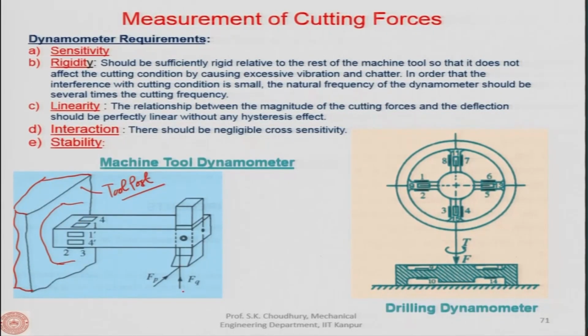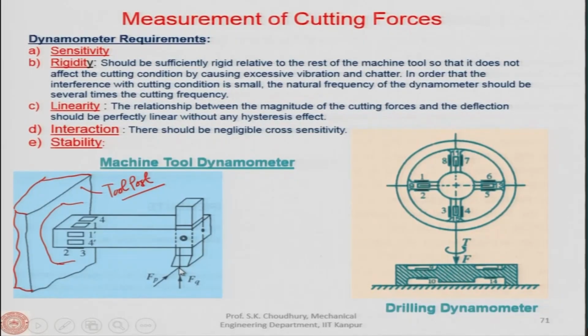Now, when it is subjected to forces like FQ and FP, which we have shown in the cantilever beam type of dynamometer, the sensors or piezoelectric elements mounted on this surface of the cantilever beam, 1, 2, 3 and 4, will sense the force acting like this, that is the thrust force FQ.